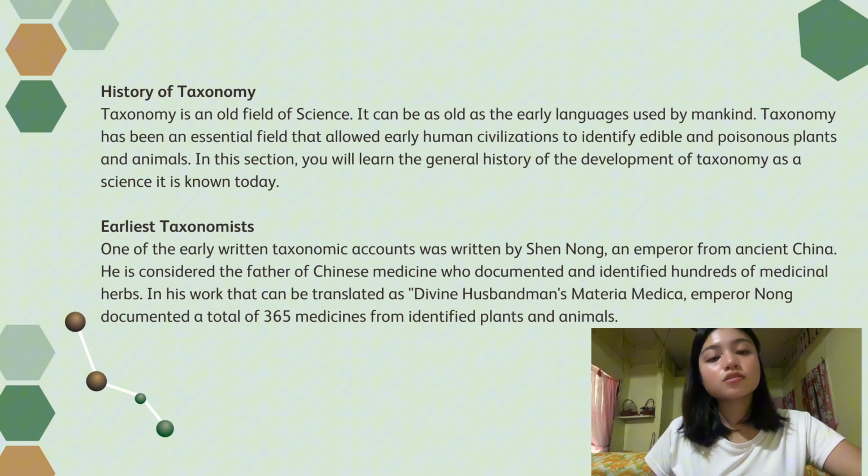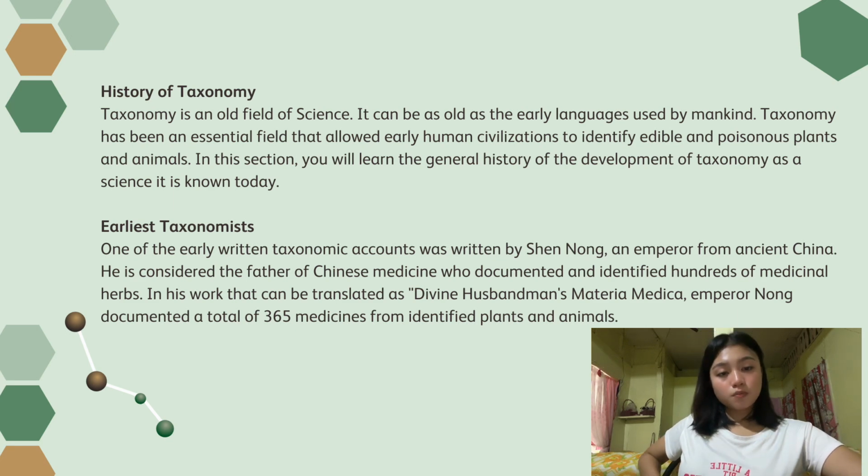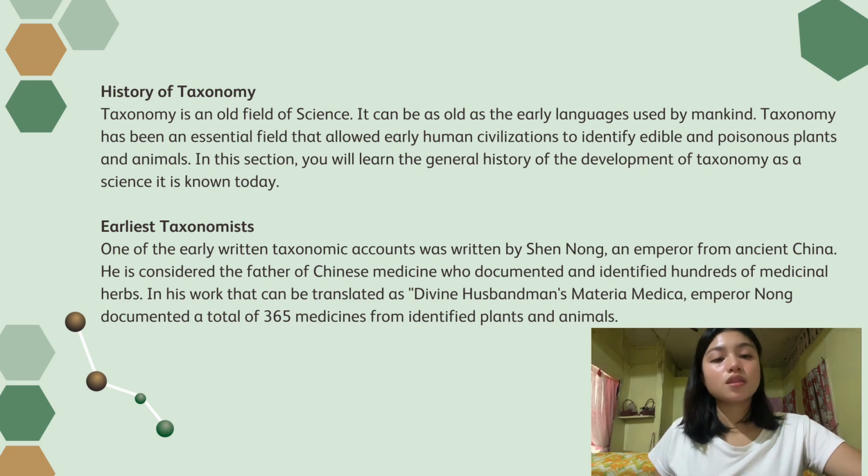Sa earliest taxonomies is ang pinakauna nga record taxonomic work was by an ancient Chinese named Shennong. He is an emperor and considered the father of Chinese medicine because he documented and identified hundreds of medical herbs. And then, nganong importante man siya.